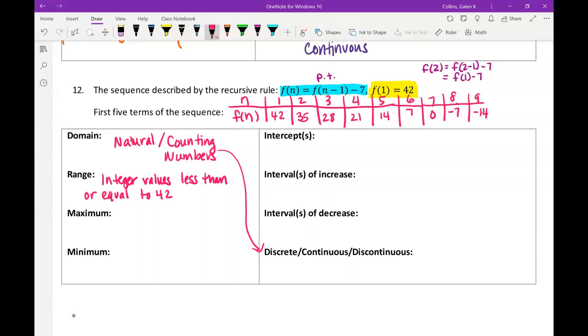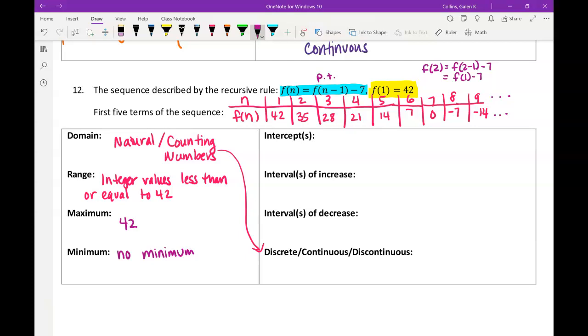All right, our maximum value is 42 because the function starts at 42 and decreases. But because it goes on forever, I never have a minimum value, because whatever minimum I get, I just subtract another 7 and now I have a lesser number.